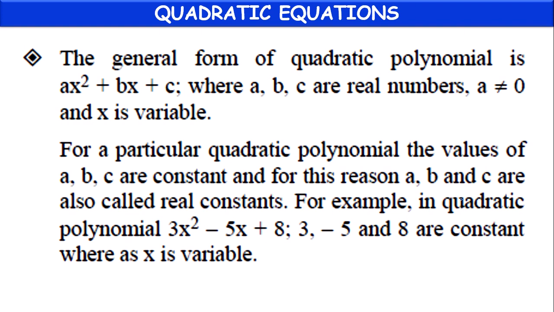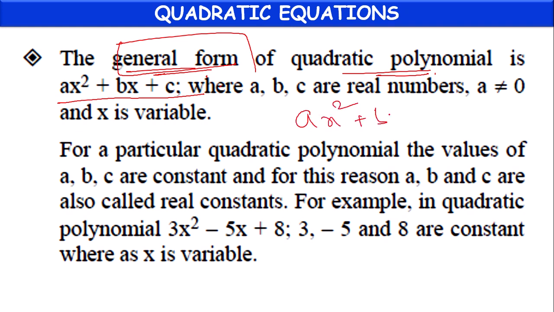Next. So here, the general form of a quadratic polynomial is ax square plus bx plus c. Generally, we write in the form of ax square plus bx plus c.